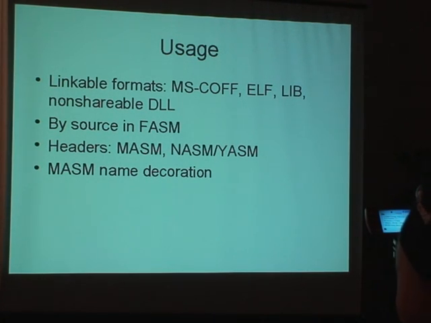Of course, compilation takes a little bit longer because FASMLIB has about 300 kilobytes of sources now, and there are some macros used for declaration of procedures and for declaration of data. Then for other assemblers, I have prepared headers for MASM with correct type checking and headers for NASM and YASM.